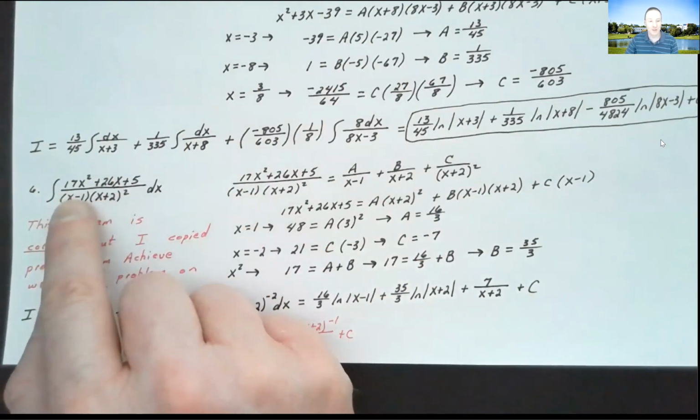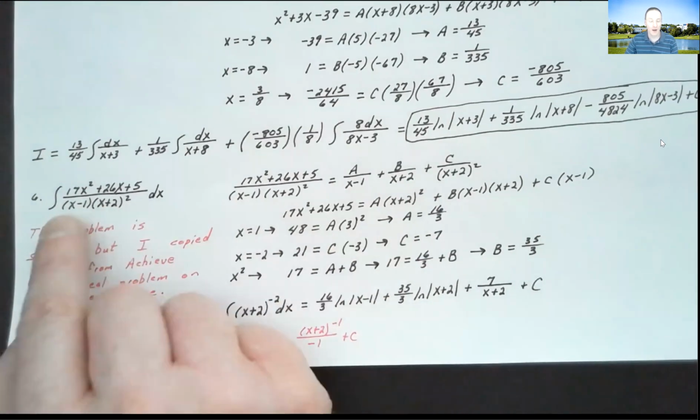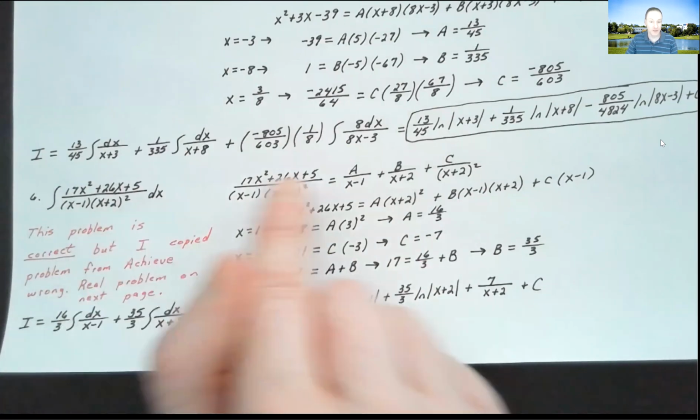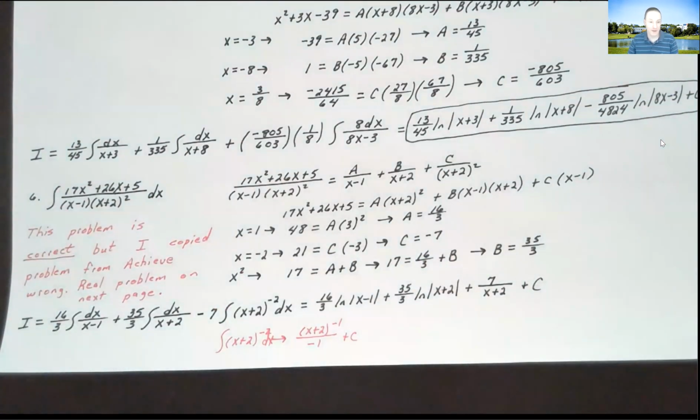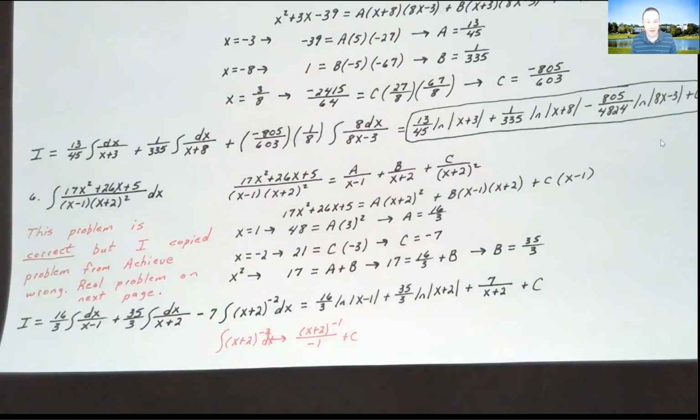My denominator was supposed to be x minus 1 times x plus 1 squared. But doing it in this fashion, it created a perfectly nice problem. I really enjoyed working it, but I worked the wrong problem. So that's why I put this problem is correct. I didn't want you to think I made a mistake. I didn't. Well, I guess I did, copied down the problem wrong.